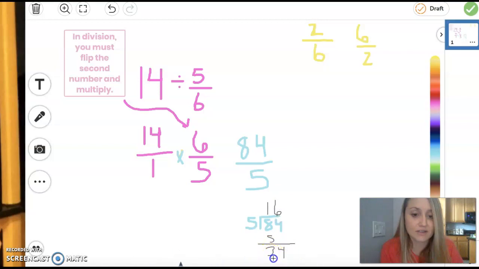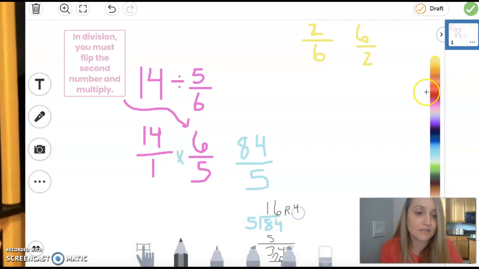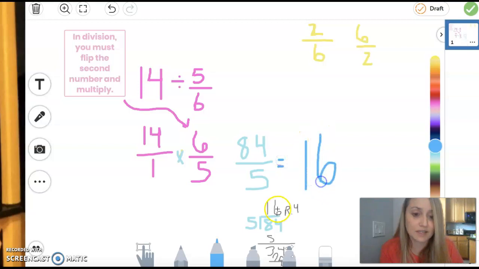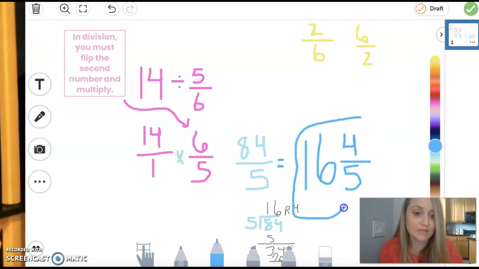Okay, so then you have 30. Oh, I'm running out of room. My remainder would be 4 though. So that means my answer would be 16 as my whole number, 4 as the numerator because that's my remainder, and then the 5 would stay the same. Okay, that would be my number.